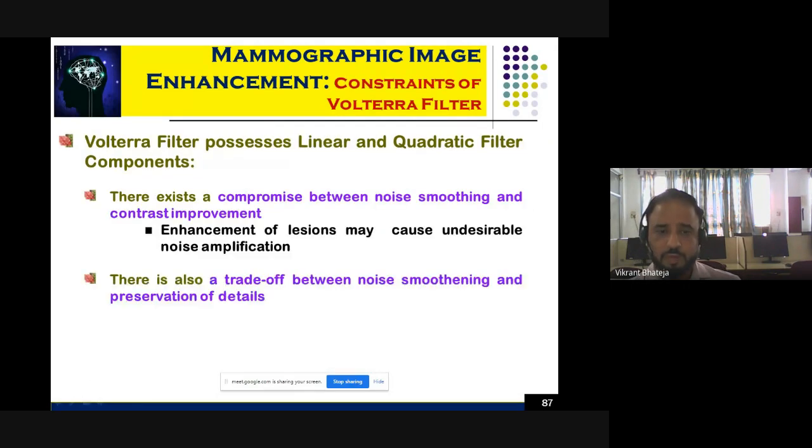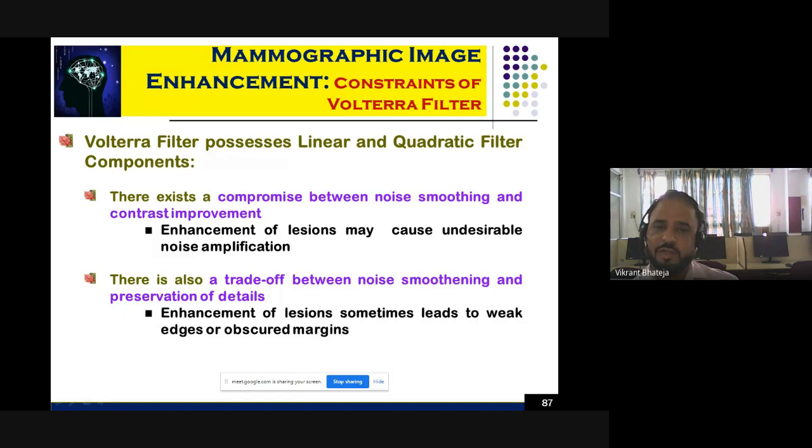So we have seen that the Volterra filter, although it is a combination of a high pass and a low pass filter, has an extreme compromise between noise smoothing and contrast improvement, and there is also a trade-off between noise smoothing and sharpening, that is, edge enhancement.